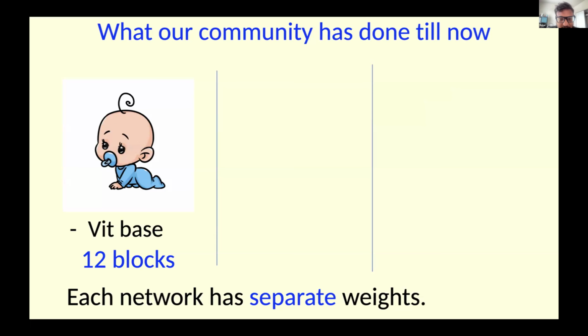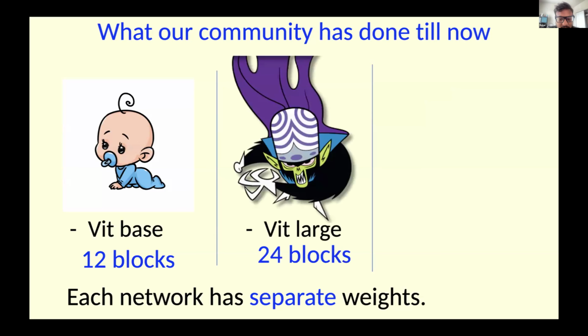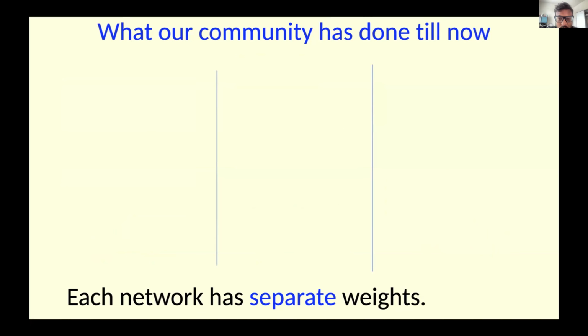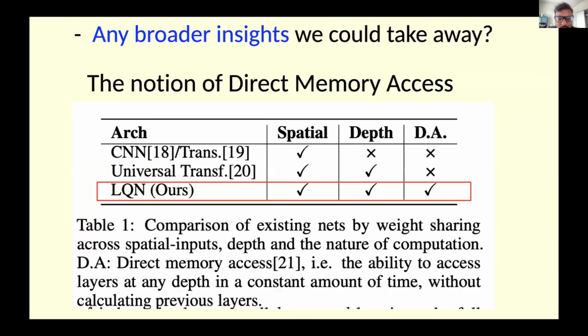If you have to train a ViT, they will stack 12 blocks and call it ViT base, then stack 24 blocks and call it ViT large, and then stack 32 blocks and call it ViT huge. So depth is a dimension which is generally kept rigid, and a network can't really control its own depth. The deeper the architecture, the more weights you need, so there is no weight sharing across depth happening. And even if you are doing weight sharing across depth, you don't have this property of direct access.